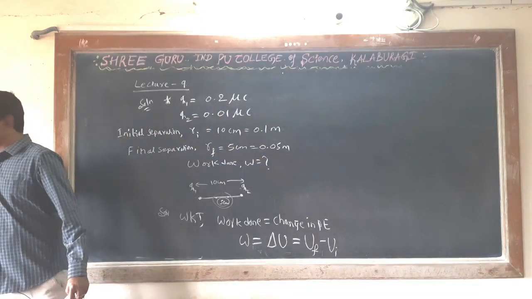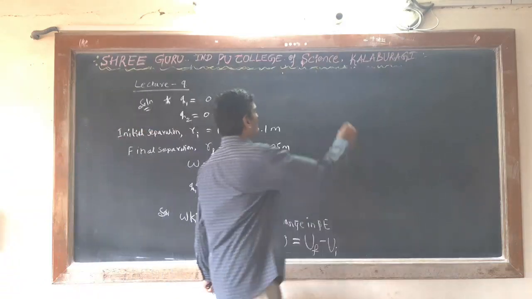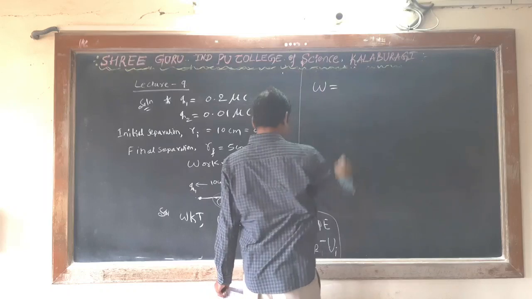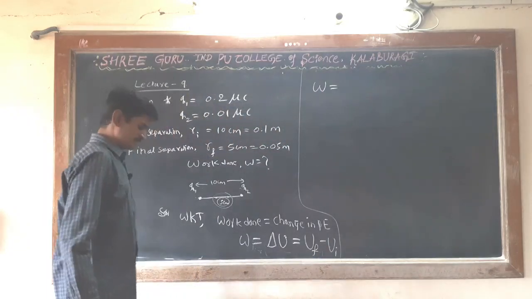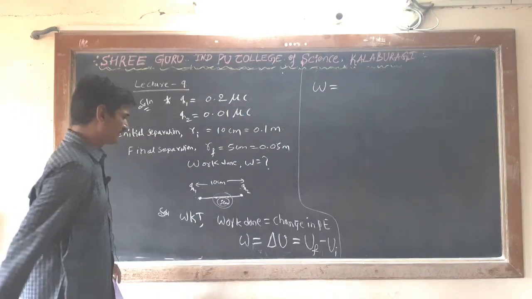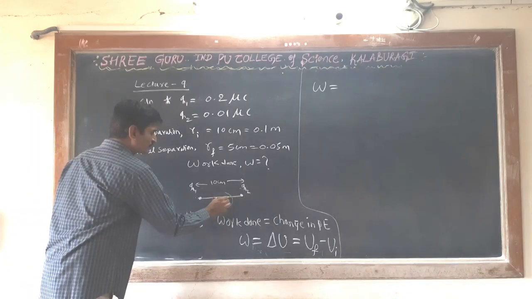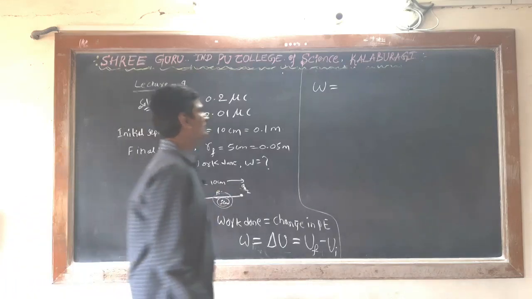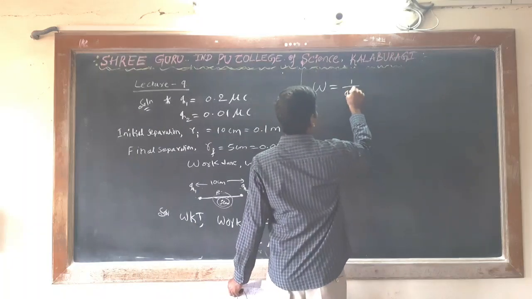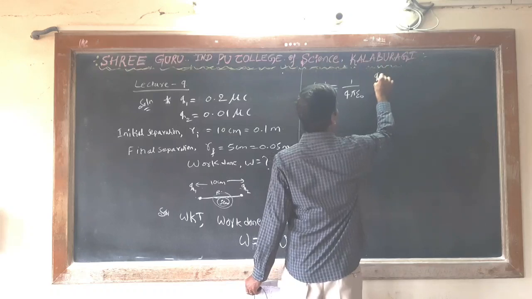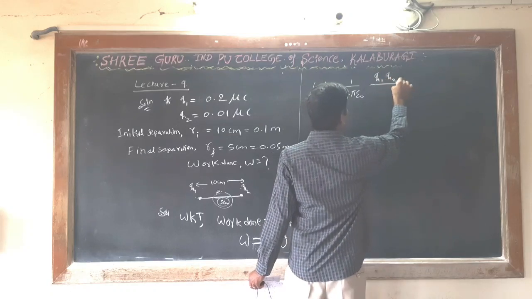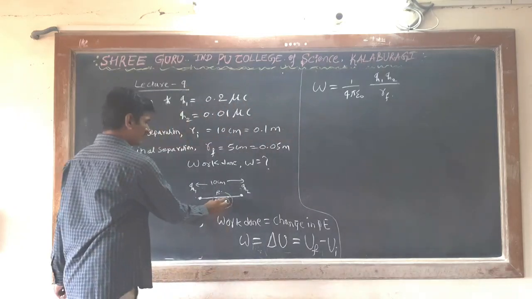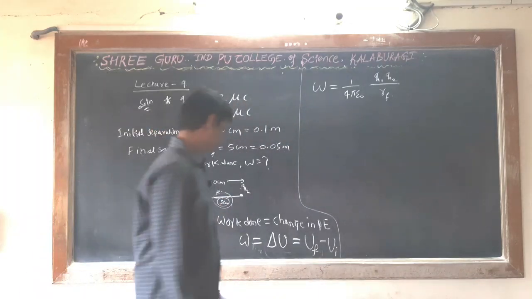So now write the formula. Therefore W is equal to UF, the potential energy of the system of two charges in the final position, 1 by 4 pi epsilon naught Q1 Q2 divided by RF, because the final distance is 5 centimeter, right?